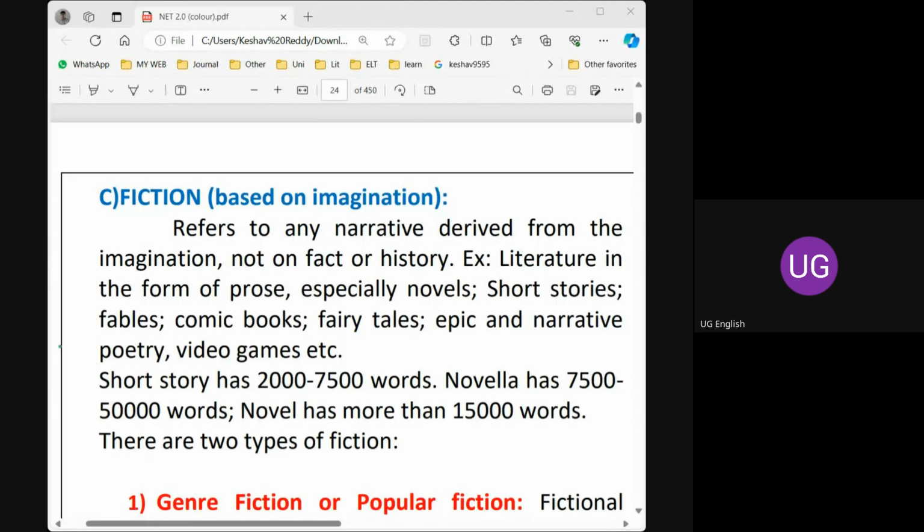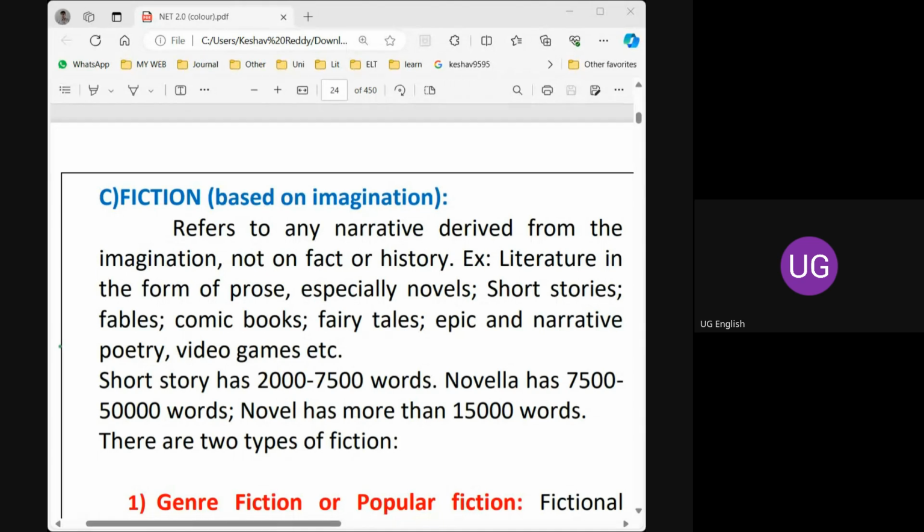And in fiction, especially, we discuss the novel, which is very important. And there is another type of literary genre that is called non-fiction. The simple difference between fiction and non-fiction is, fiction is purely based on imagination.